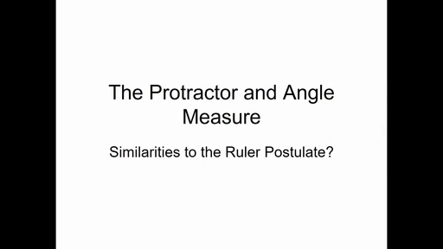And what's really going to help you is if you look back at what we did with the ruler postulate. If you recall last lesson, we talked about how the ruler postulate works. The points on a line can be numbered so that positive number differences measure distances. And then we defined what puts a point between two other points on a line.